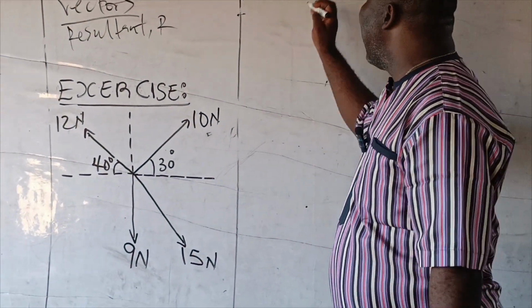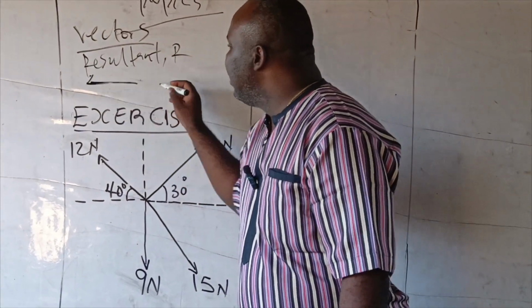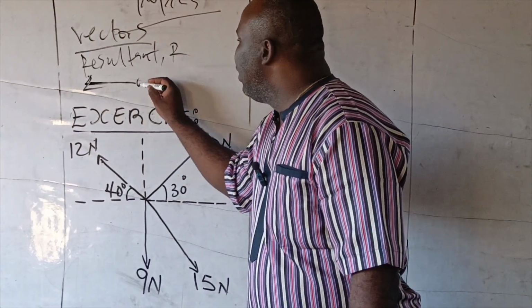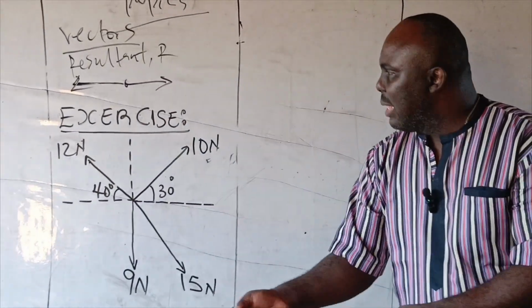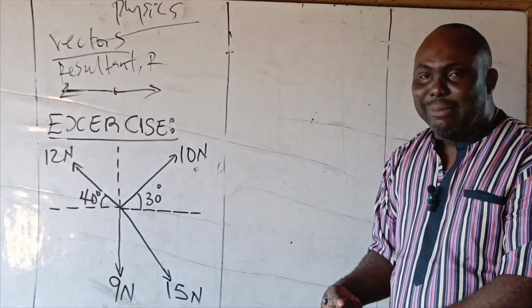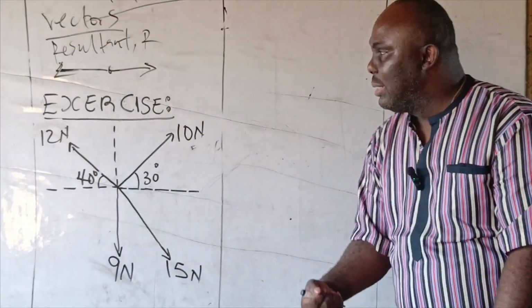When vectors act, for example, in opposite directions, this is the symbol of vector. It is as if when you are dragging somebody in this direction, the other person is dragging in the opposite direction. There must be a resultant.